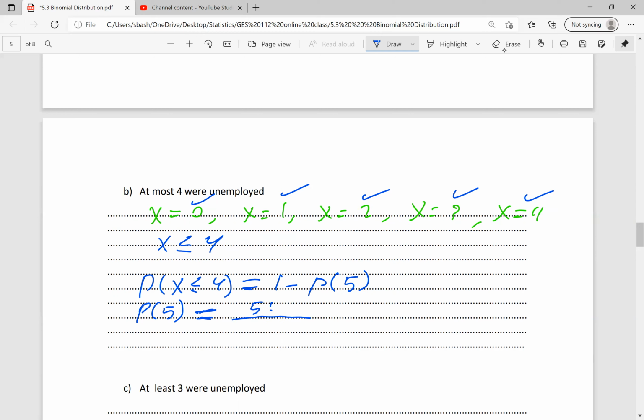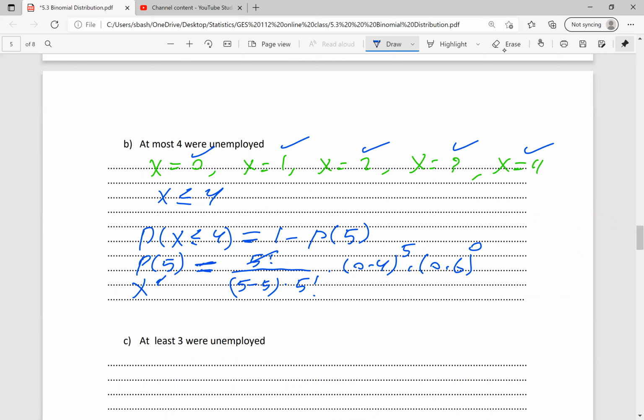5 factorial divided by 5 minus 5 factorial, because this will be x equal to 5, multiplied by 5 factorial, multiplied by 0.4 to power 5, 0.6 to power 5 minus 5, which is 0.